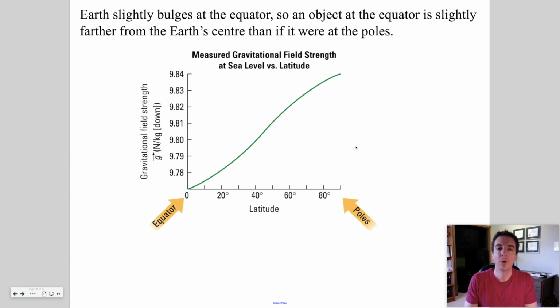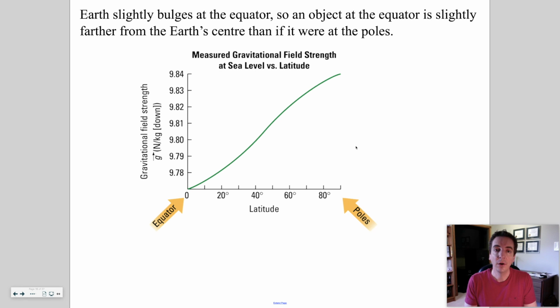Okay, so we keep on saying that the average acceleration due to gravity on the surface of the Earth is 9.81 meters per second squared, or the average gravitational field strength is 9.81 newtons per kilogram. But as we've learned, as you get further away from the center of the source of a gravitational field, in other words, the center of the Earth, the value of the gravitational force on you and the gravitational field at that location actually changes.